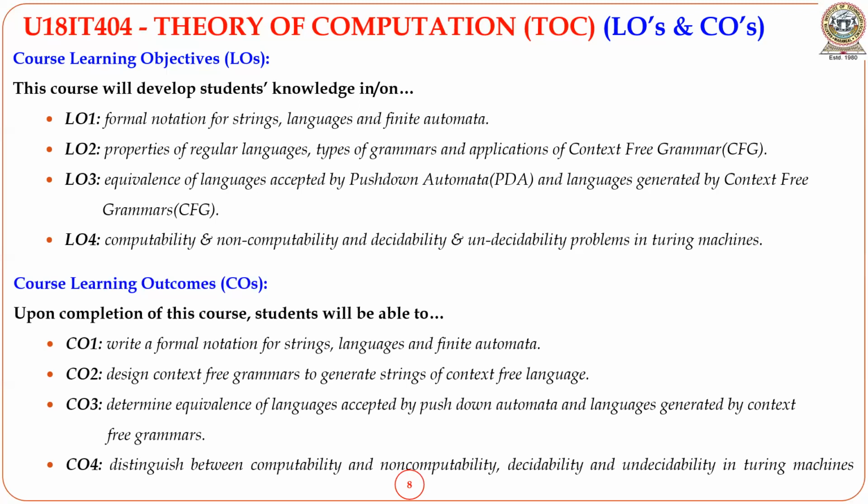Upon completion of Unit 3, students will be able to determine equivalence of languages accepted by push-down automata and languages generated by context-free grammar. Upon completion of Unit 4, students will be able to distinguish between computability and non-computability, decidability and undecidability in Turing machines.